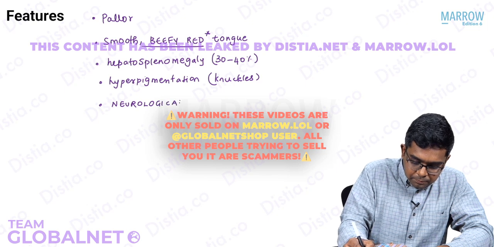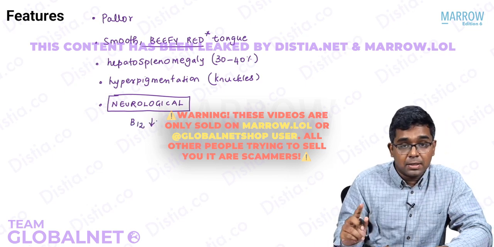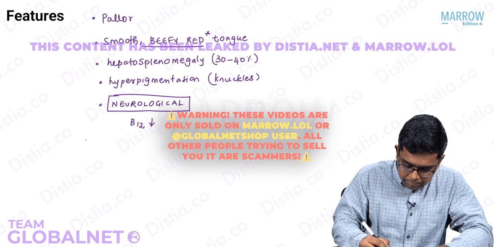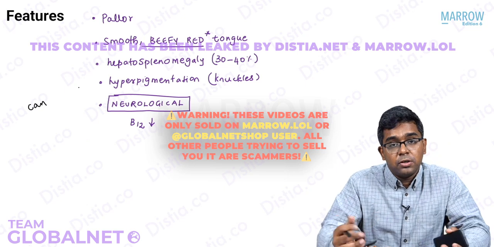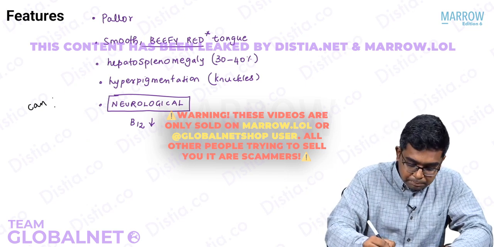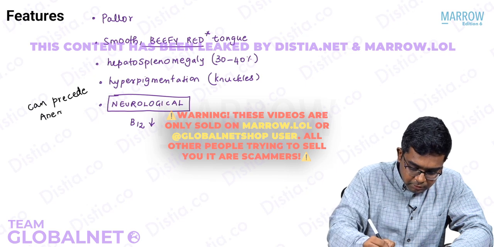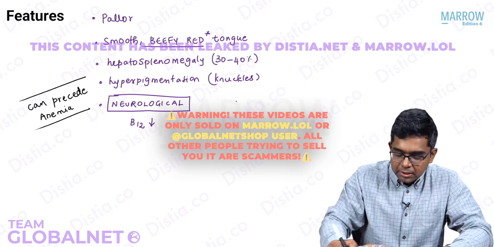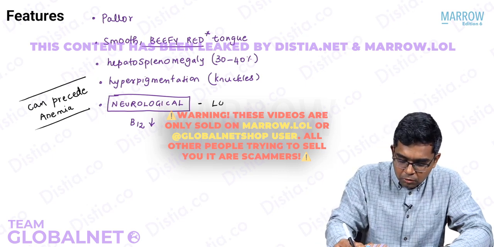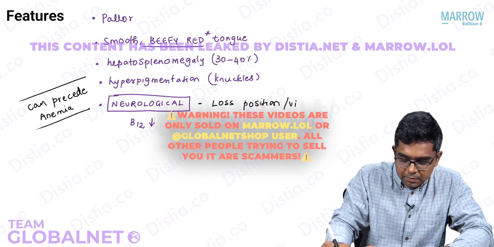Now please remember, neurological manifestations are usually noted with B12 deficiency cases of megaloblastic anemia. And a very important point is, these neurological manifestations can occur before the onset of anemia also, or they can precede anemia. The characteristic manifestation includes loss of position and vibration sense.